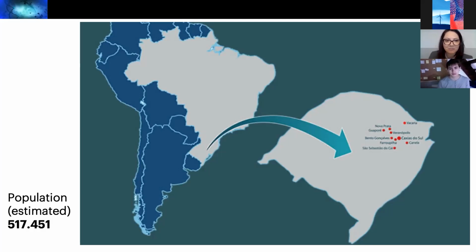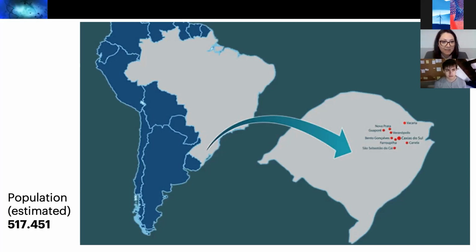The main campus is in Caxias do Sul, but we have other installations in cities around it. In Caxias do Sul, we have a population estimated at a little more than half a million inhabitants. This is a picture of the city where we live.